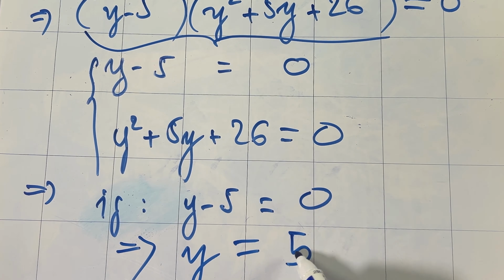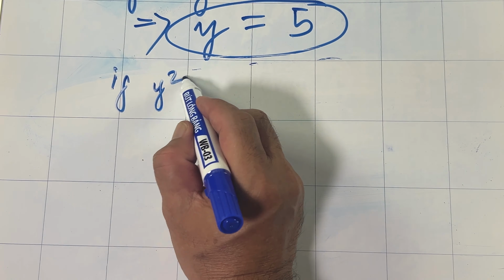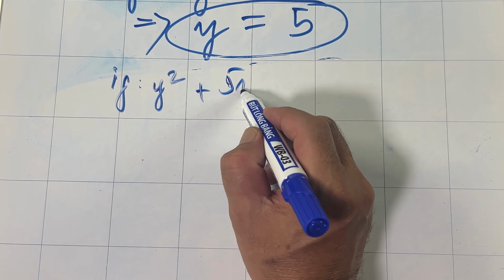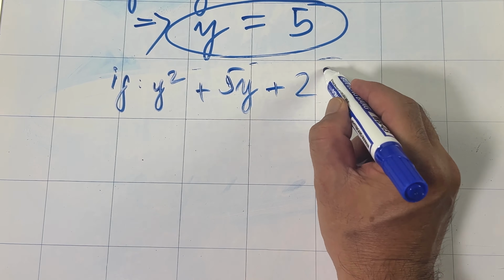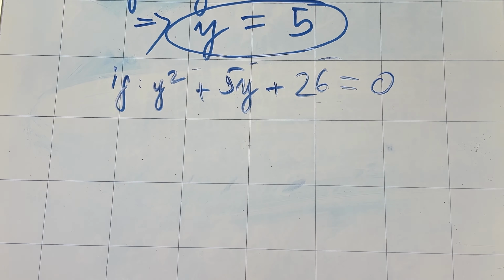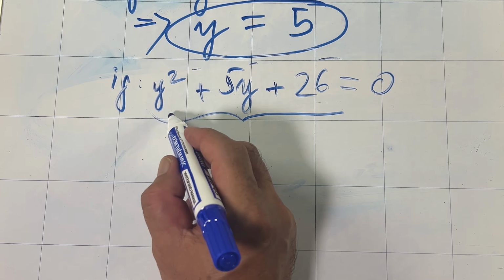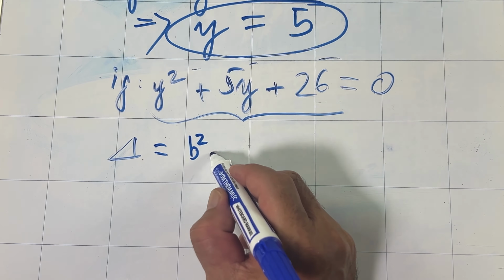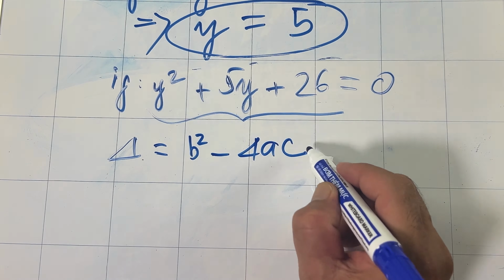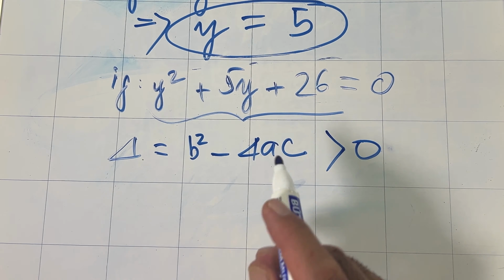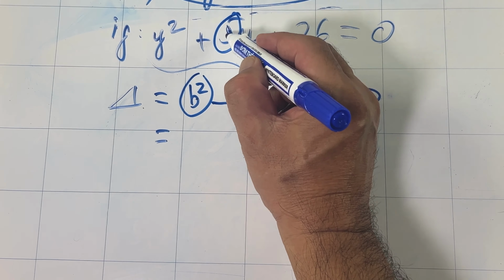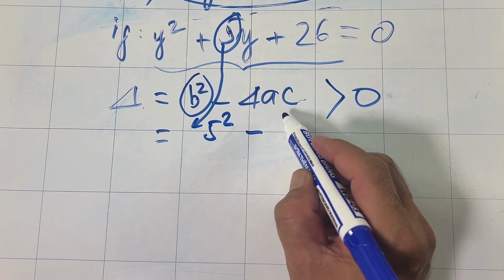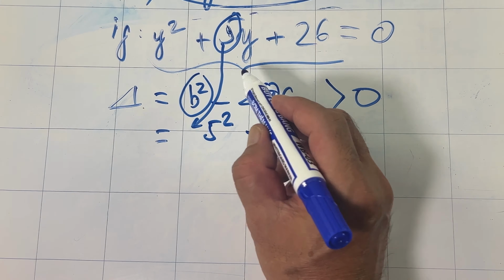The second case, if y squared plus 5y plus 26 equals 0. For this quadratic equation to have a solution, it must satisfy that delta equals b squared minus 4ac must be greater than or equal to 0. Here, delta will equal 5 squared minus 4 times 1 times 26.